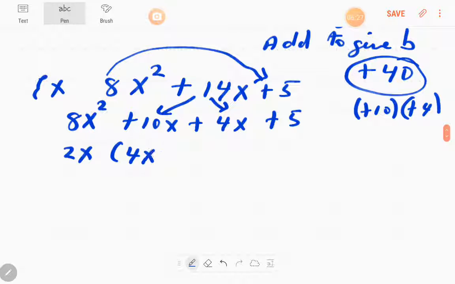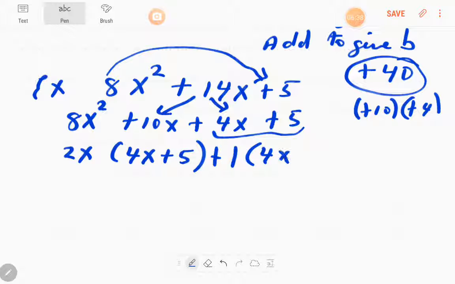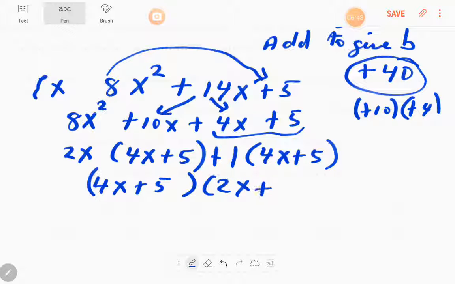That leaves 4x plus 5. And then we have plus. Well, when they don't have anything in common here, we're going to use a 1. And we have 4x plus 5. So now we have 4x plus 5 in common. We factor that out. And then we have 2x plus 1 remaining.